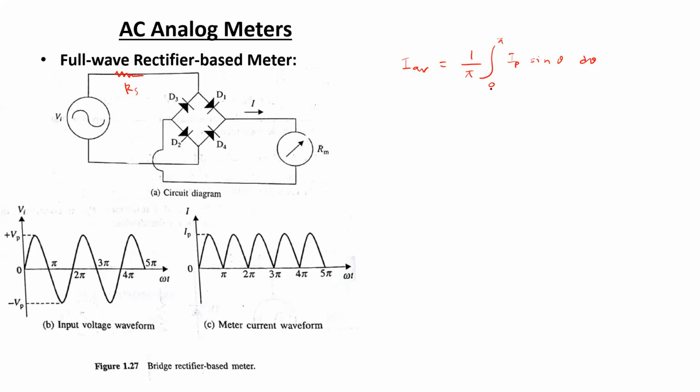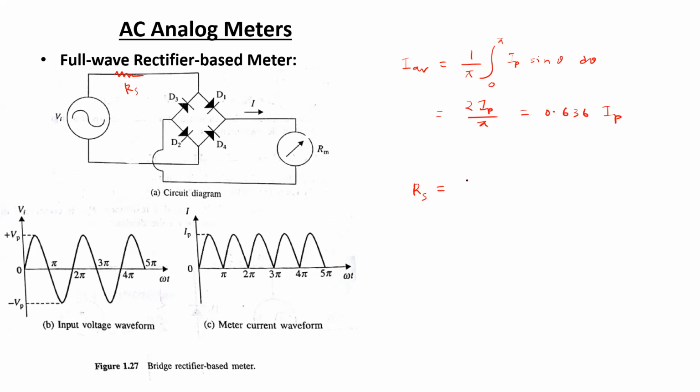And if we solve the integration similarly as we have done before, we get an expression which can be further written as 0.636 into IP. So similarly, if we try to determine an expression for the multiplier resistor RS, we can follow the same process that was followed in case of the half-wave rectifier.